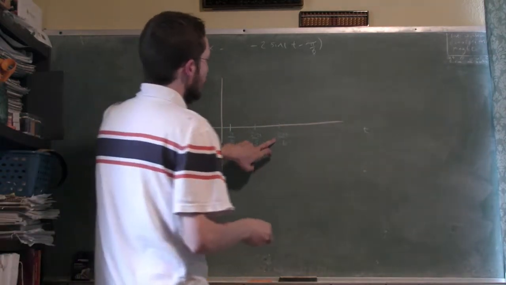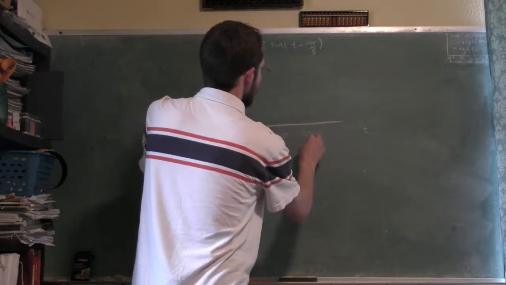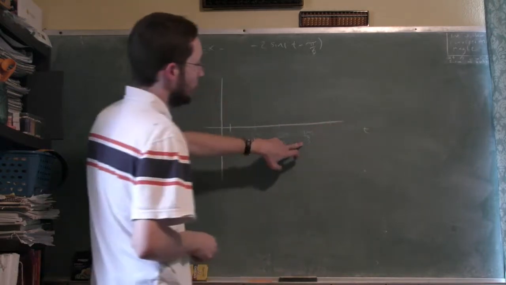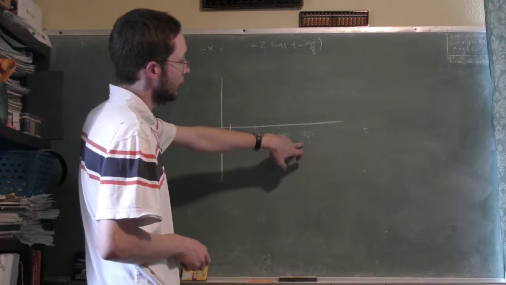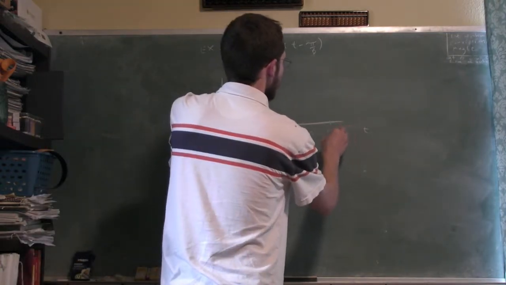Add another pi over 2, you're going to end up at 8 pi over 6, which is 4 pi over 3. And add another pi over 2, you're going to end up at 11 pi over 6.